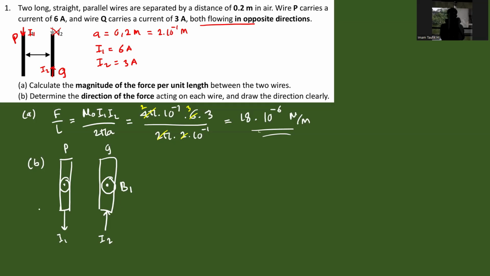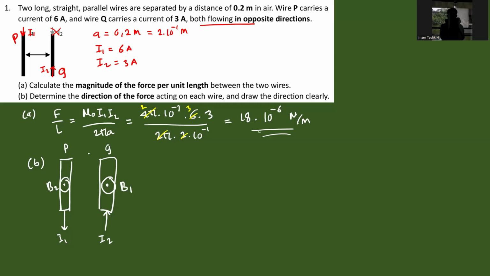We can also use the first right-hand rule to define B2, the magnetic field induced by I2. From this information, next we can use the second right-hand rule. Let's say that our thumb is directed downward and our index finger is directed outward.